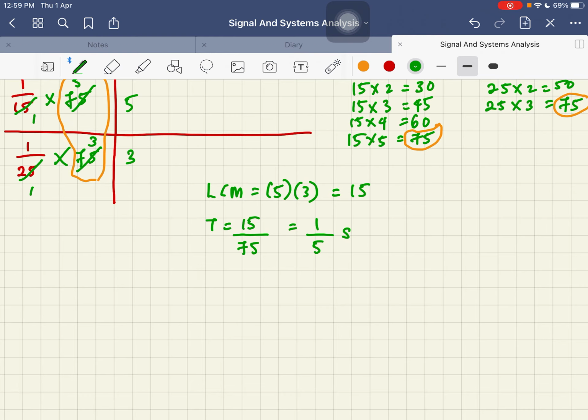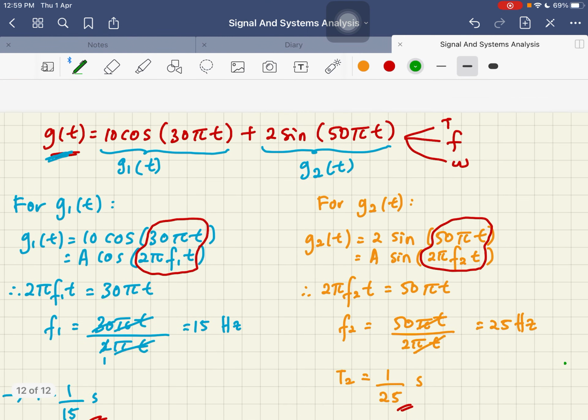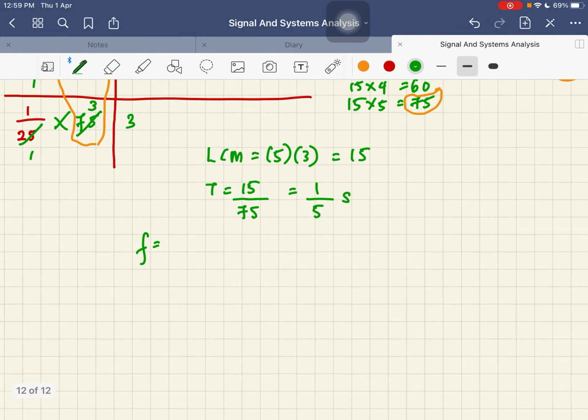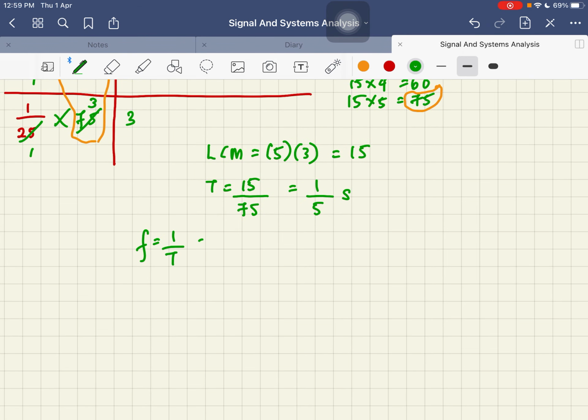And so the fundamental frequency for g of t, which is the signal that we get by summing this cos and sine function, will be 1 over T equals 5 hertz, and then the radian frequency is 2 pi f. So it will be 2 times 5, so 10 pi radians per second.